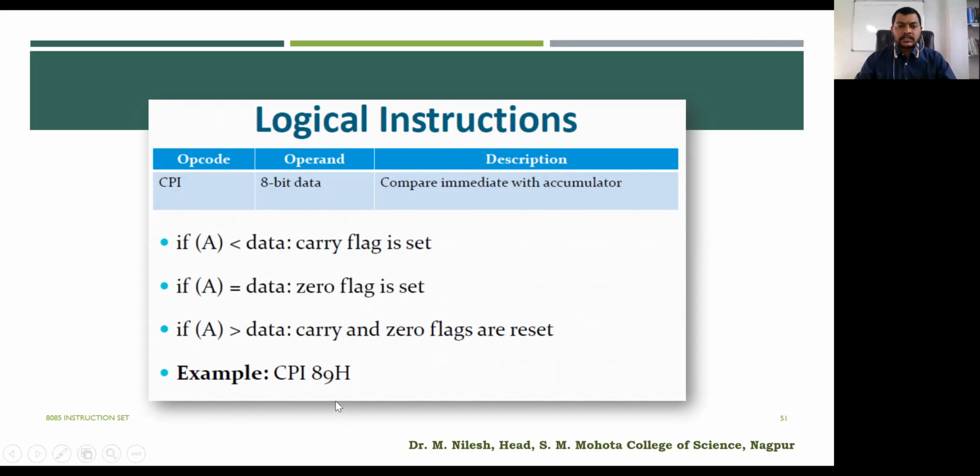And this is one of the examples given over there, CPI 89H. H stands for hexadecimal. So this 89 is to be compared with the content of the accumulator, and accordingly the carry flag, zero flag, and others are being set or reset, right? So this is that compare instruction.